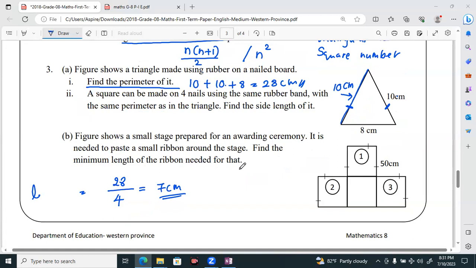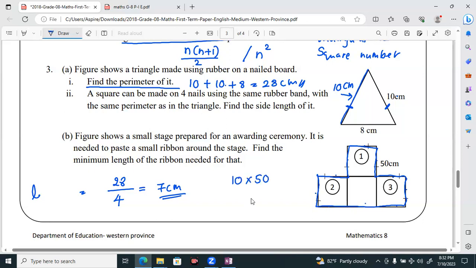Then how do we find it? You have to find the perimeter around this stage, no? That means around these sides. Then you have to count how many sides there are. 1, 2, 3, 4, 5, 6, 7, 8, 9, 10. 10 into 50.